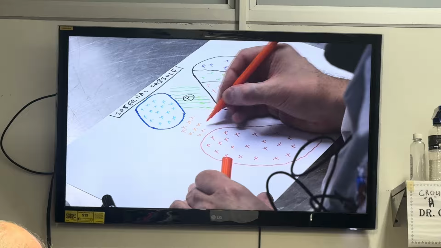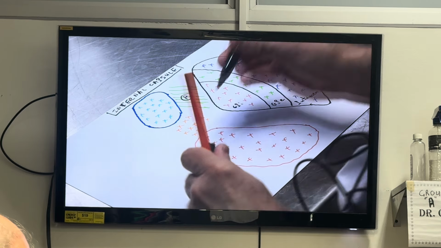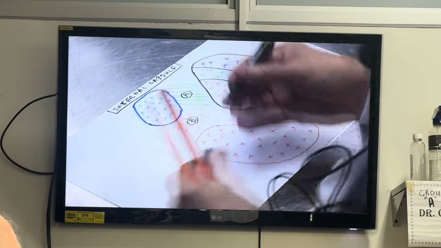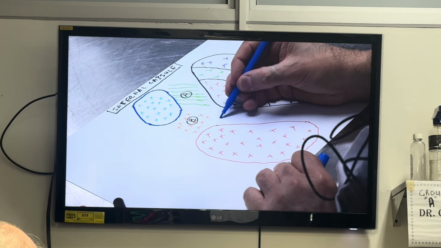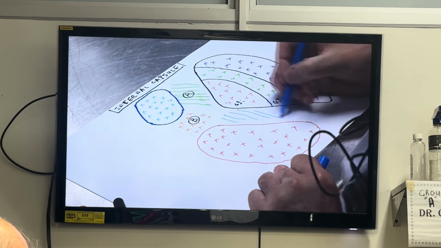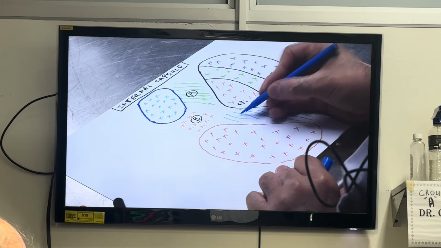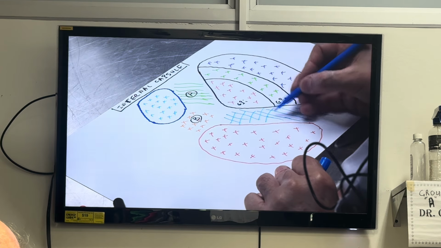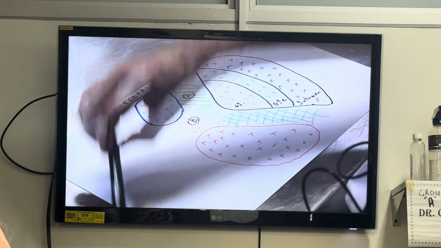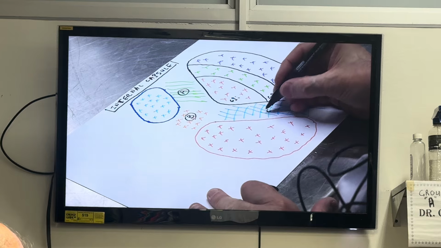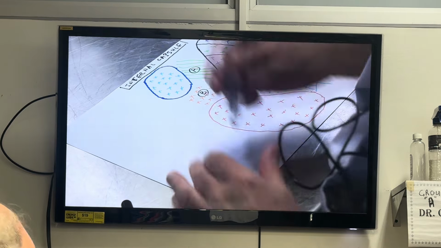Your genu. And here you will have your posterior limb. Yeah? Okay?